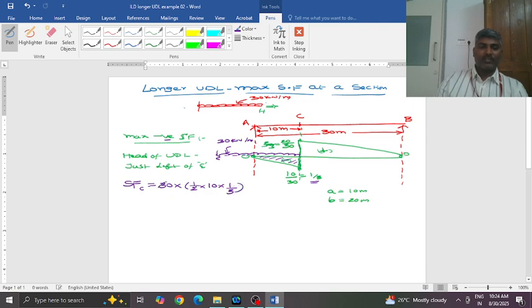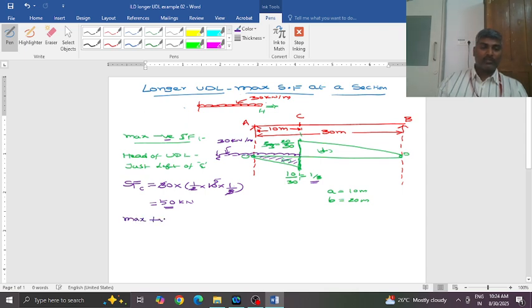If you work out this value, this is going to be 50 kilonewton. So this is the maximum negative shear force possible in this girder at C for any position of the UDL.